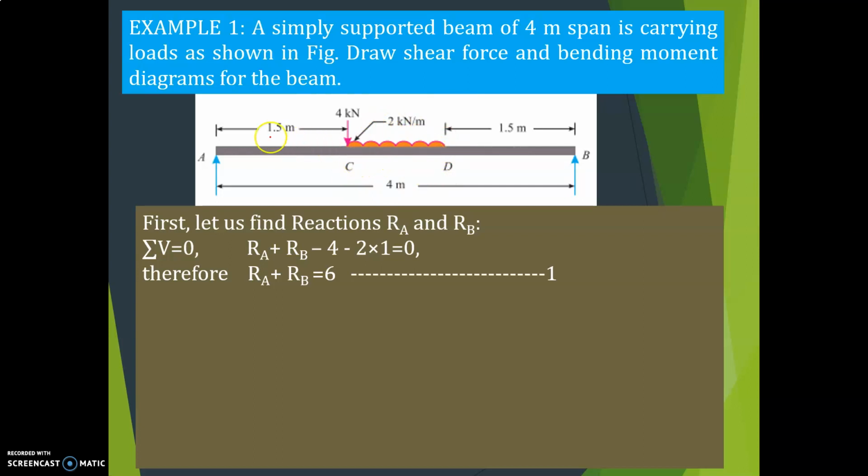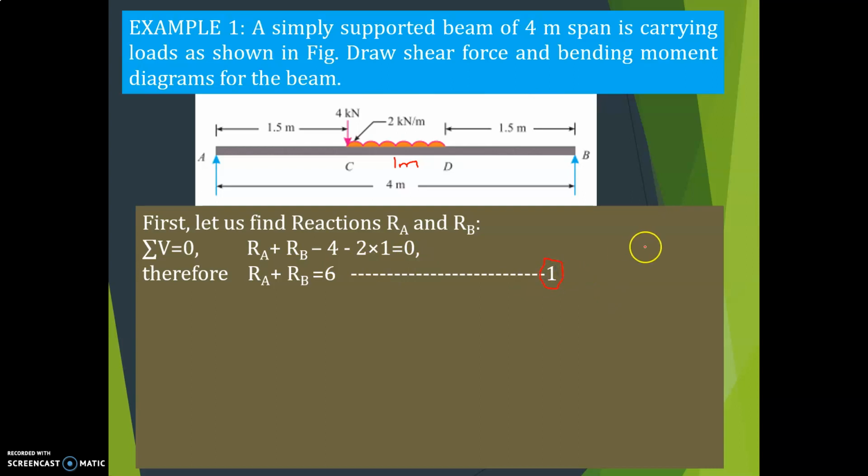What is this distance? 1.5, 1.5. So this distance is 1 meter, correct? Because the total is 4 meters. So 2 into 1, that is equal to 0. So in terms of RA plus RB, that is equal to 4 plus 2, that is equal to 6. Okay. Now let us consider this as equation 1.